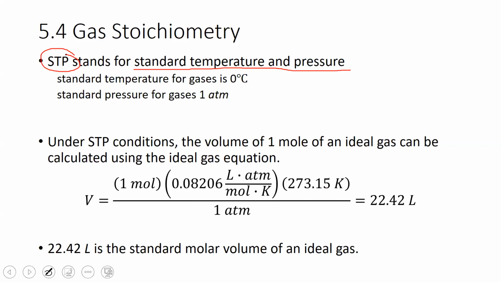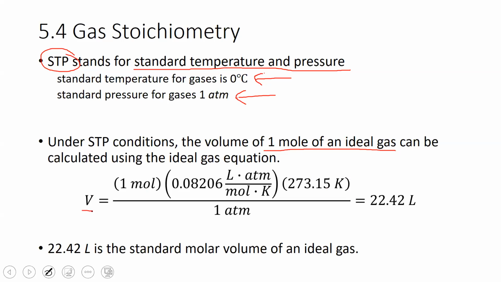And for a gas, the standard temperature is going to be 0 degrees Celsius, and the standard pressure is 1 atmosphere worth of pressure. Those are our standard values. When we consider a gas at standard temperature and pressure, if I have 1 mole of an ideal gas, we can determine what volume that mole occupies at STP by using PV equals nRT.